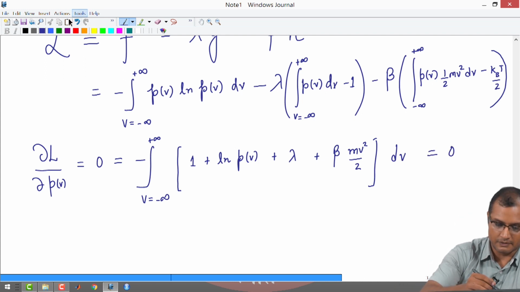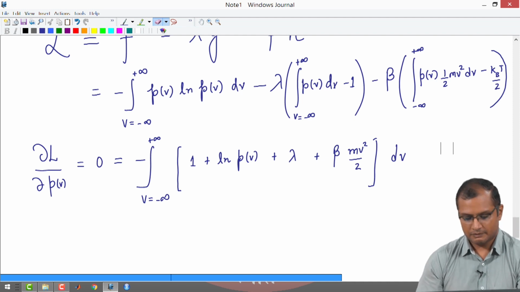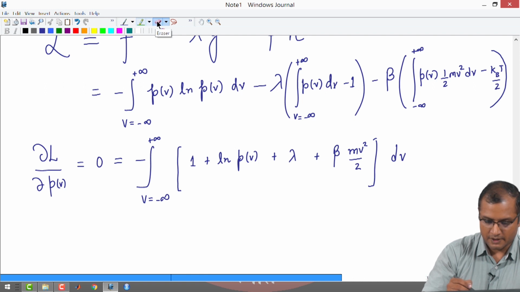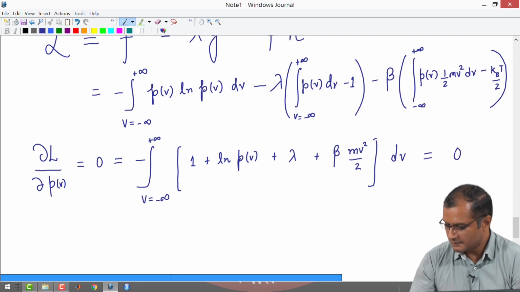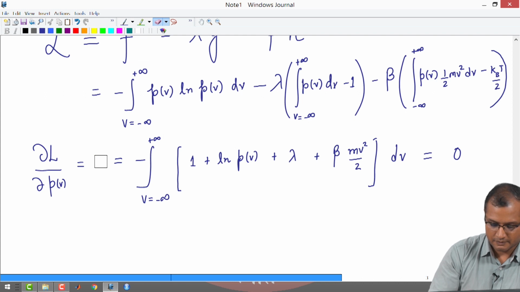I have already written 0, so it is not required. Now you can actually write down a 0 on the right hand side.